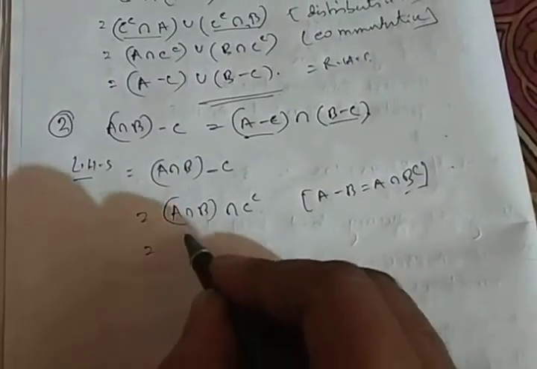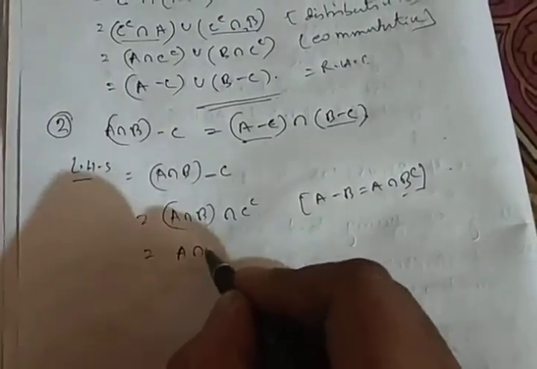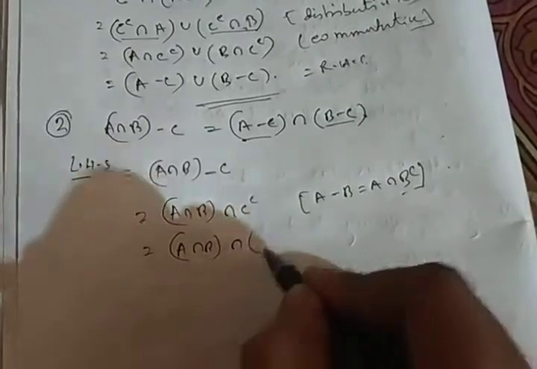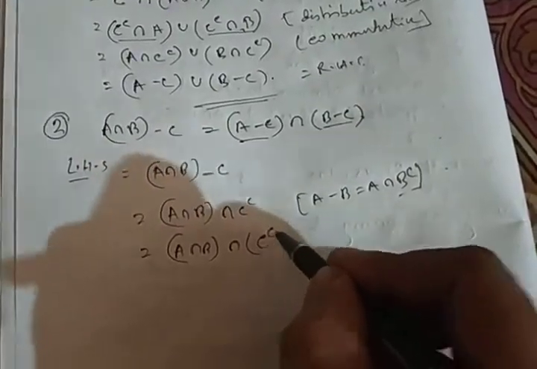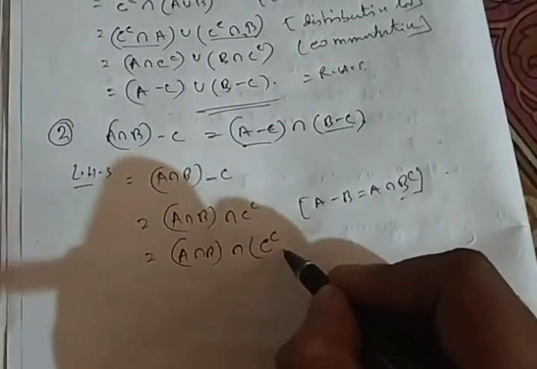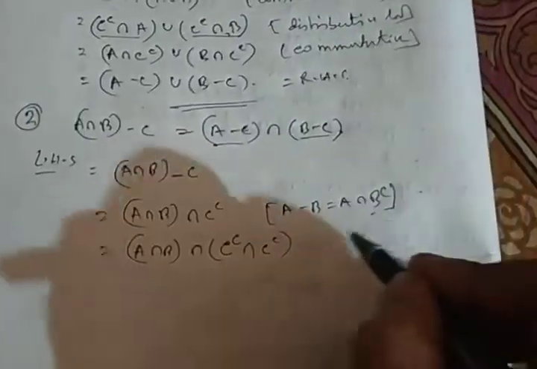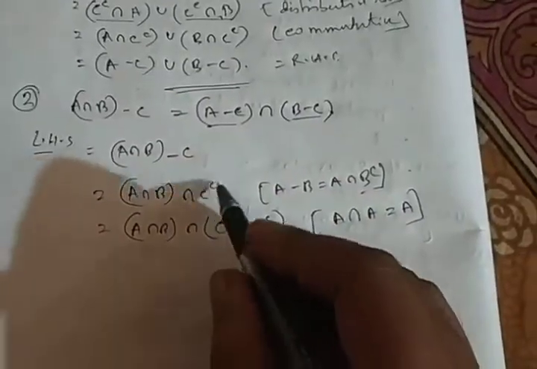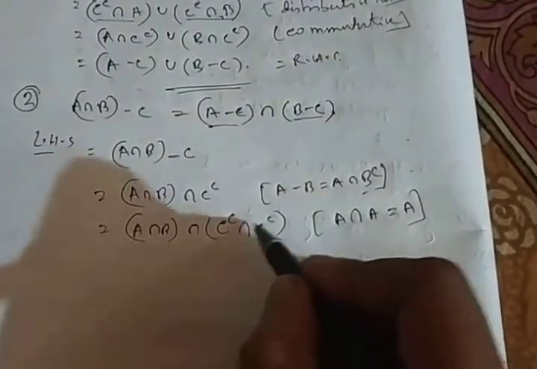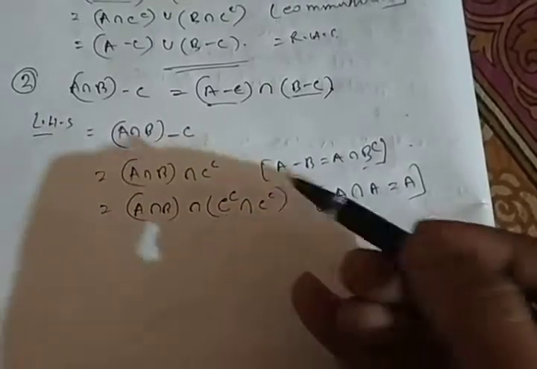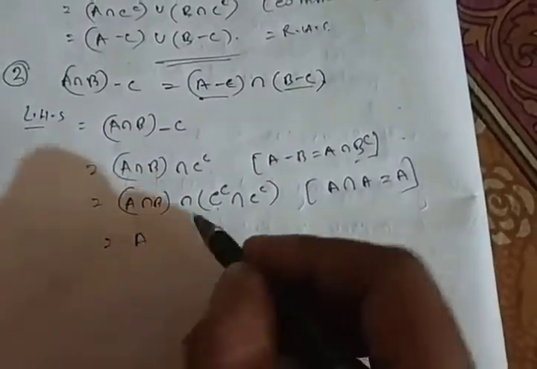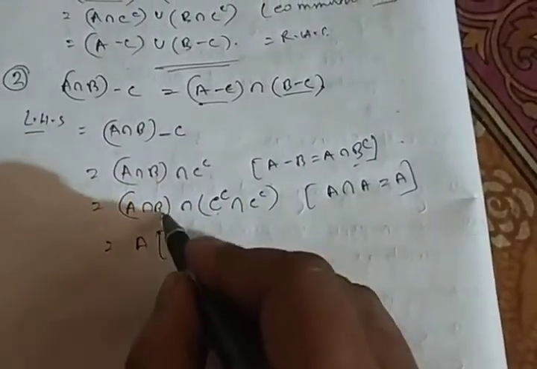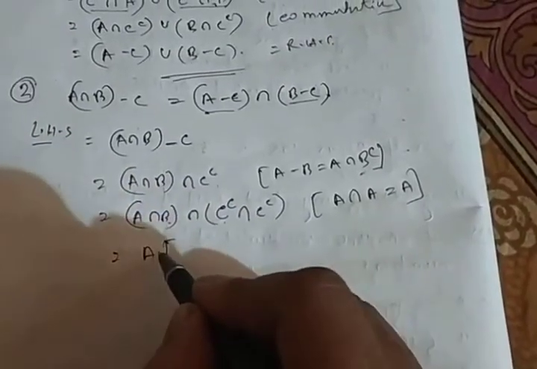Now for A intersection B, if we use the idempotent law, defined as A intersection A equals A, we can write C complement as C complement intersection C complement, which is also C complement. Now we use the associative law.